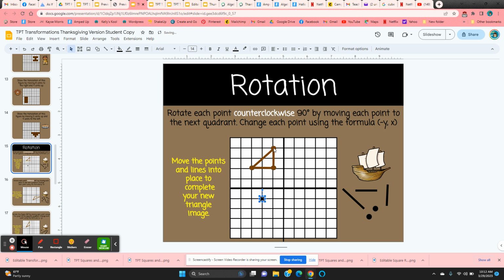Then the point -1, 4 will now be -4, -1. And then the final point, -3, 2, will now be -2, -3. And then the students just need to use these bars to connect the figures.